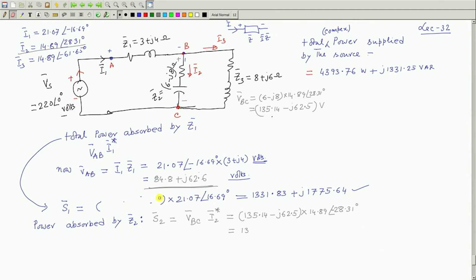So, one has to do this peacefully to calculate this one. 84.8 plus j 62.6 into this. So, this will come then somewhat different. How much does it come?